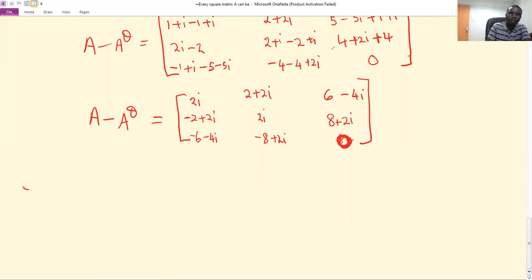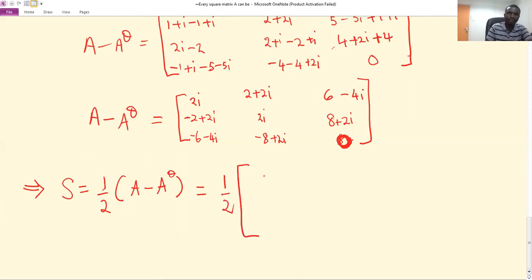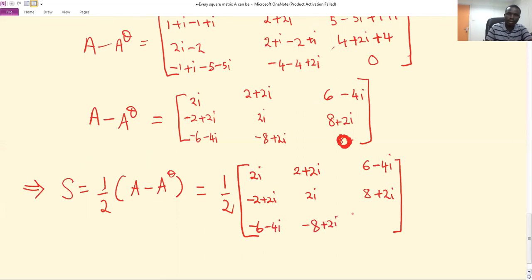So this means S, which is given by a half into A minus A power theta, is a half of this matrix 2I, 2 plus 2I, 6 minus 4I, minus 2 plus 2I, 2I, 8 plus 2I, minus 6 minus 4I, minus 8 plus 2I, 0.